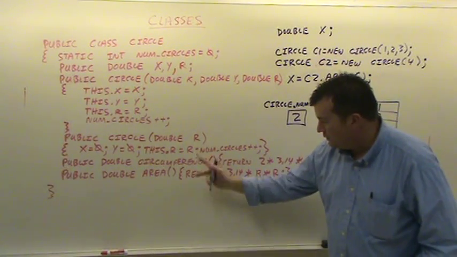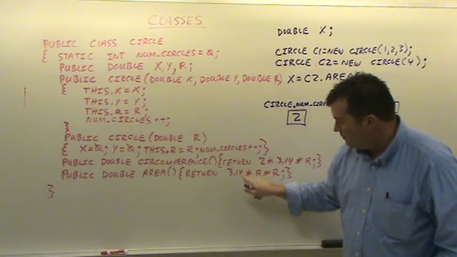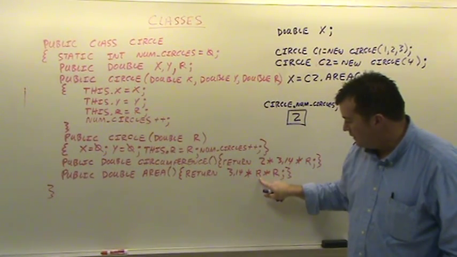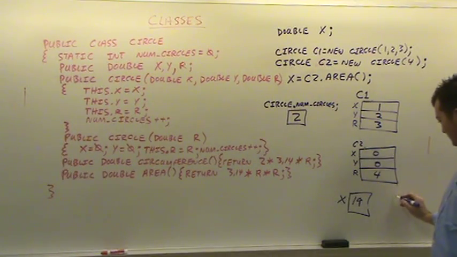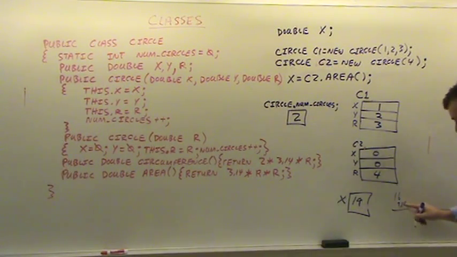And what does this function do? It has one line to it. It returns pi times r times r. So I should have used a smaller number. Okay, so the radius is 4. So 16 times pi is what? 16 times 49... 48, and then 0.14 times 16, around 50 or so?